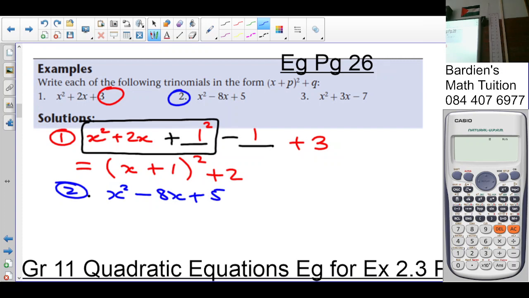Again, we must write it in the form of x plus p, whole squared, plus q. We start off by saying what number must be added to complete the square with. That same number must be subtracted. And there we go. How do we get the third number? It's going to be b times a half, squared.